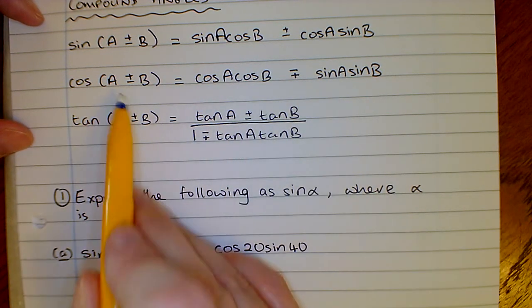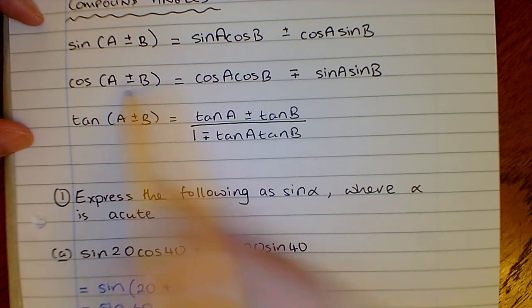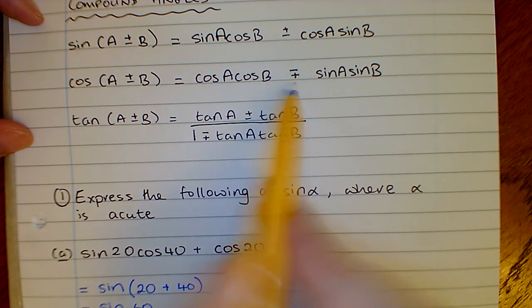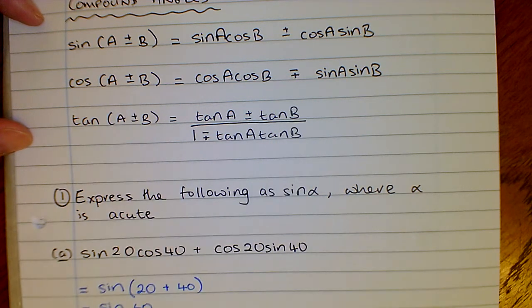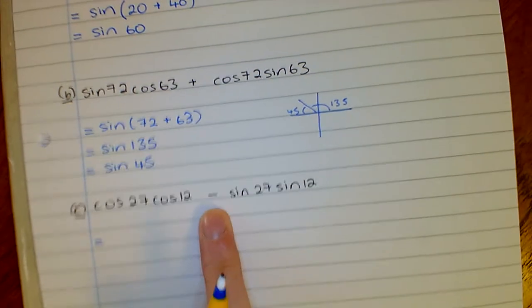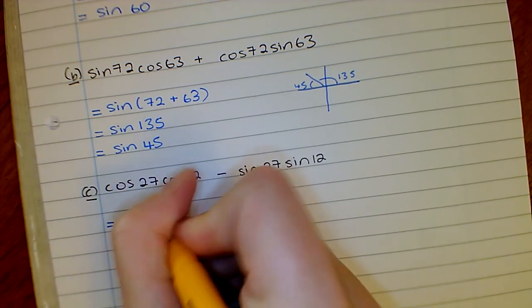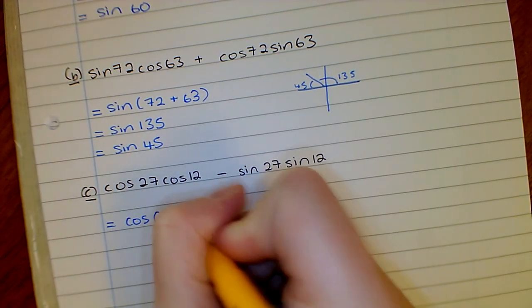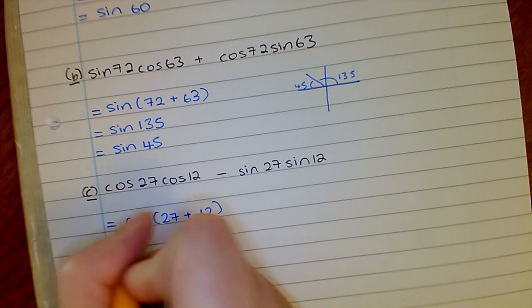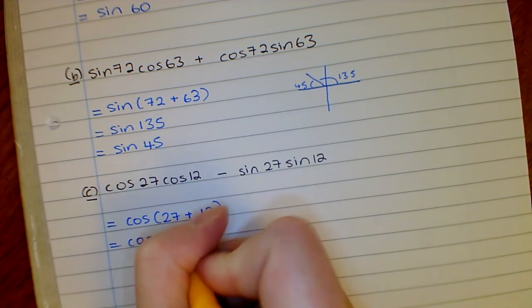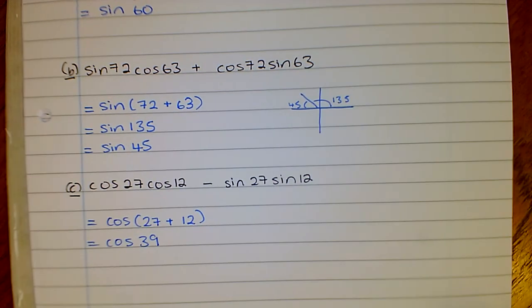Where we have a plus here, we have a minus here. So we have a minus here, so it's going to be cos of 27 plus 12. So that's the cos of 39.